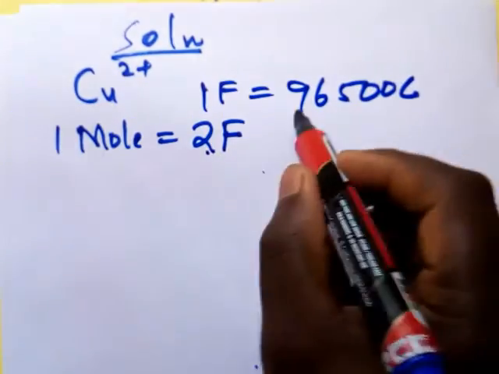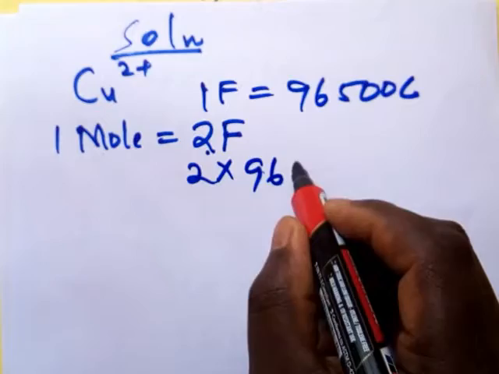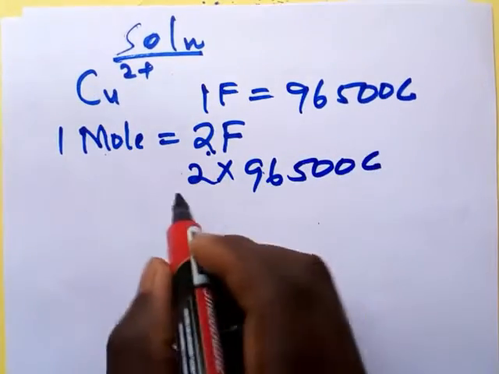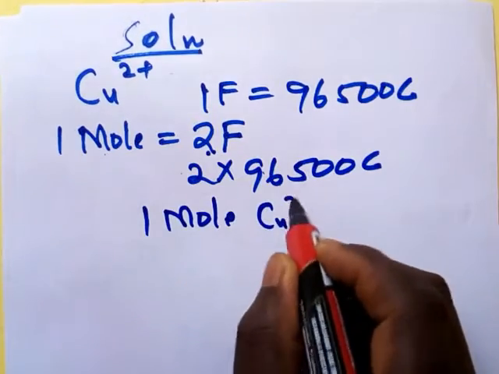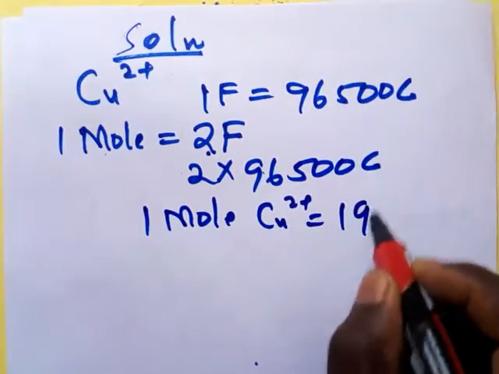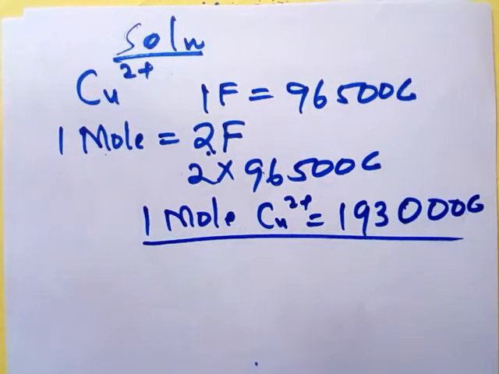We will ask what 2 will contain. Therefore, it is 2 times 96,500. So 1 mole of copper 2 ions will contain 193,000 coulombs. Very important for you to note.